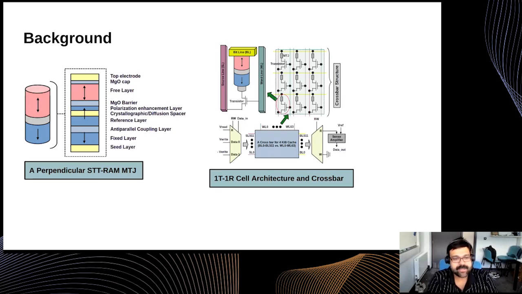They will be attached with the source line, word line, and bit line. Source line means you are sending the source voltage or current source there, and you have the word line and the bit line as in normal RAM or cache memories. You have the inputs and outputs like VRead, VWrite, and minus VWrite, and on the other hand you have the sense amplifier, through which you can read the data from the storage.